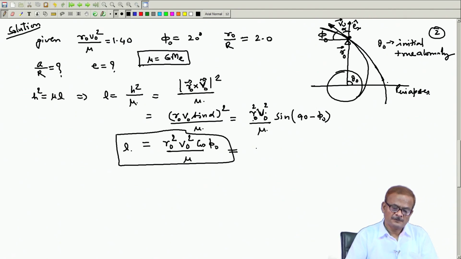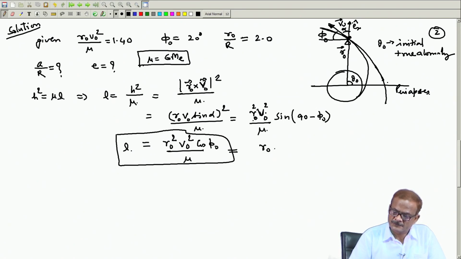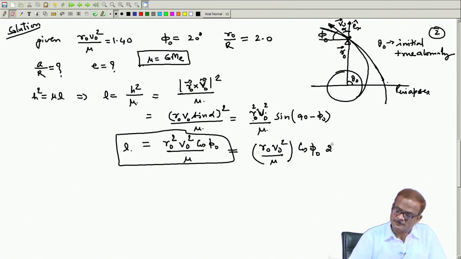Now, r 0 v 0 square divided by mu is given. So, we write this as r 0 v 0 square divided by mu times cos phi 0 times r 0. Okay.